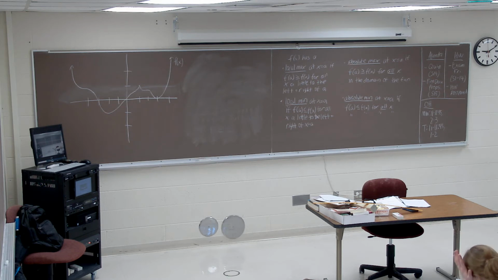Typically, if you have brackets, that means you want to include the endpoint, whereas a parenthesis you do not. Do not use a bracket if you have negative infinity or positive infinity on that side, because those are not numbers that you want to include.